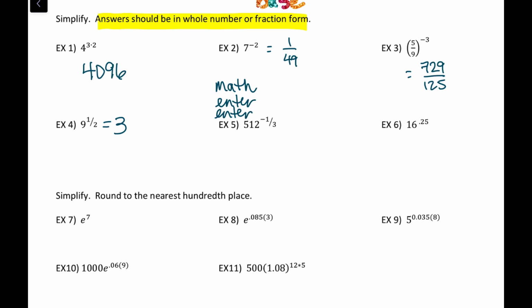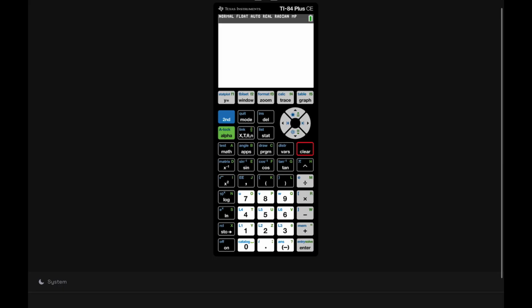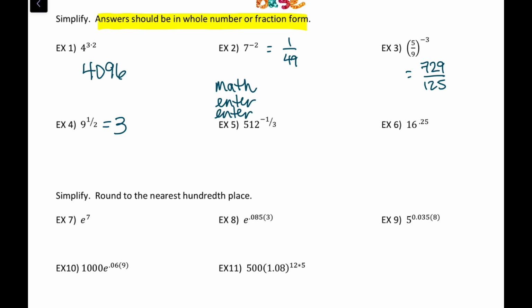So we're going to do 512 to the -1/3 power. So 512 raised to, and again, if it's more than just one number in the exponent, then you want to put that in parentheses on the 83. All right, so that's 0.125, and we will math enter, and make that a fraction, so that one is 1/8.